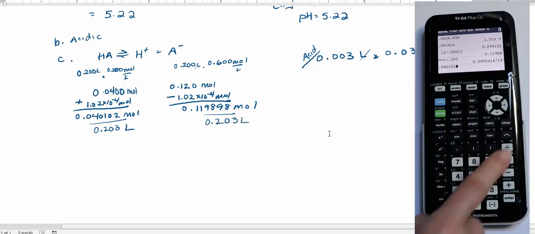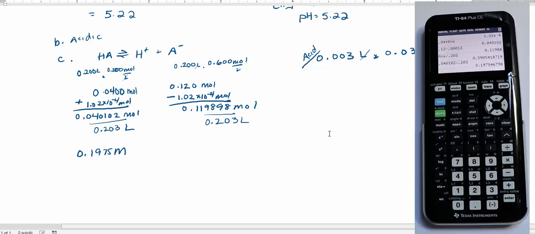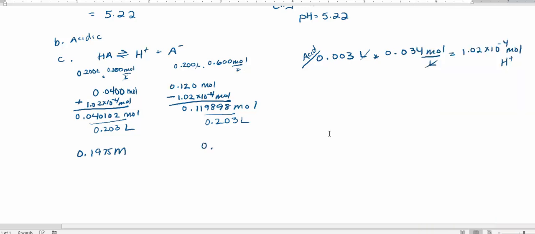So my new concentrations are 0.1975 capital M molar, 0.590 capital M molar. Now you can run through the ICE equation again.